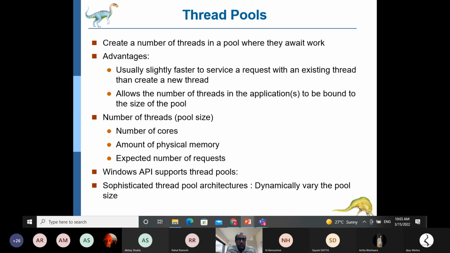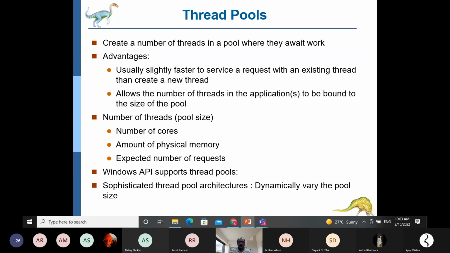So any questions? In the last class, we were discussing threads, right? Different thread implementation models we discussed, like many to one, one to one, and many to many.